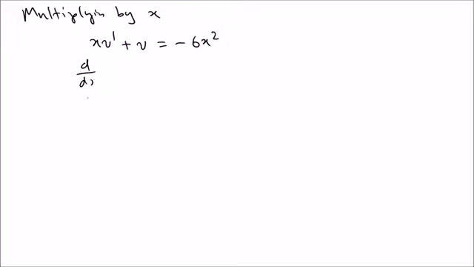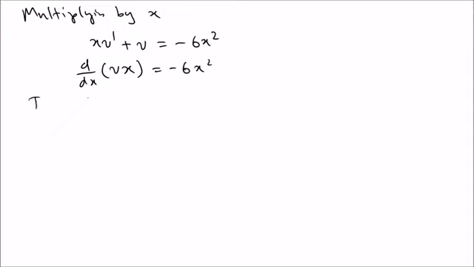So multiplying by x, we get x v prime plus v equals negative 6x squared. This side is automatically the v times the integrating factor, which was x, equals negative 6x squared.